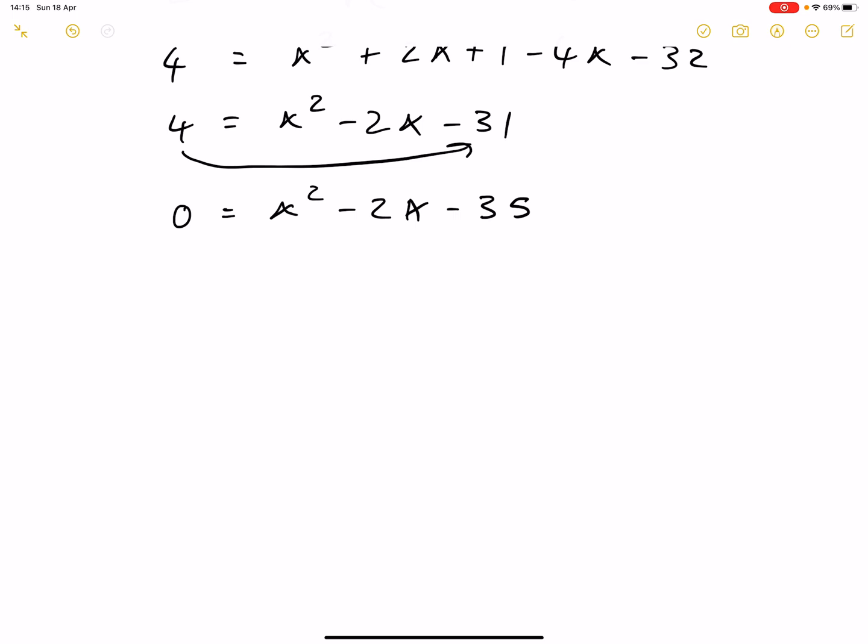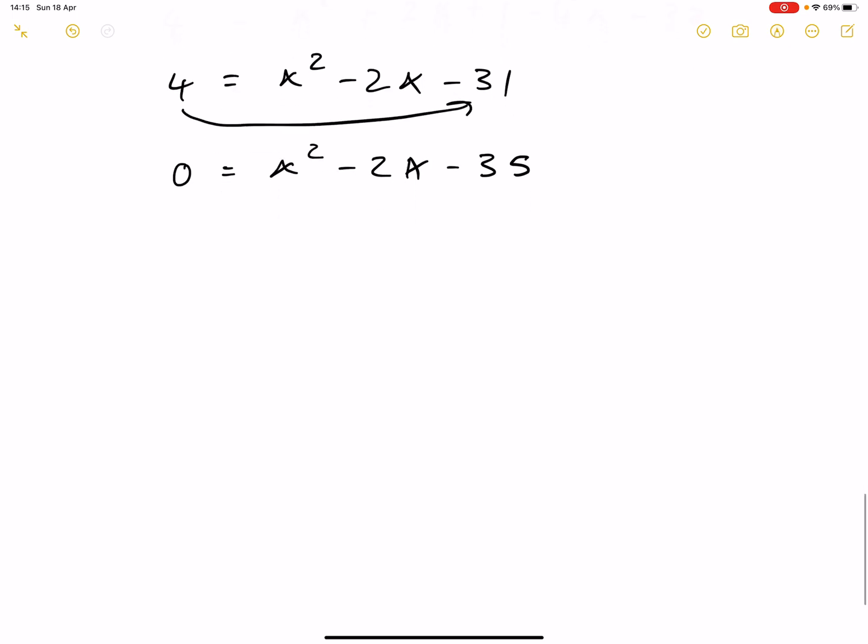And I can now form another equation to solve for alpha, or I can see if this will factorize. So two numbers that will add to make minus 2 and multiply to make minus 35, and that will be alpha minus 7, alpha plus 5, which gives me that alpha will be equal to 7 or alpha will be equal to minus 5. Now, which is it?